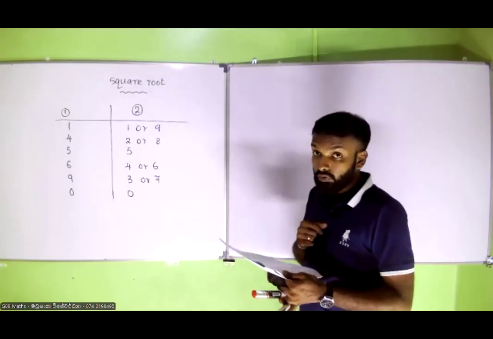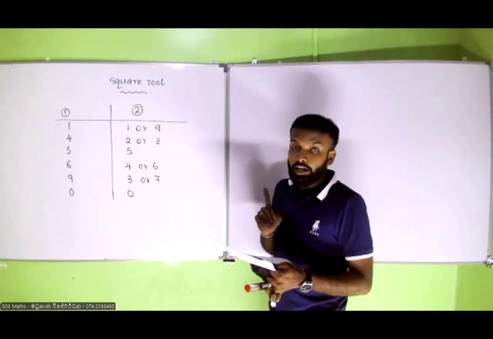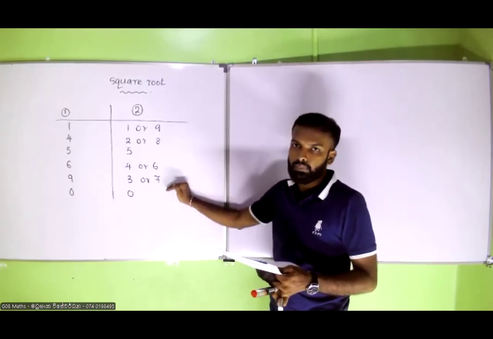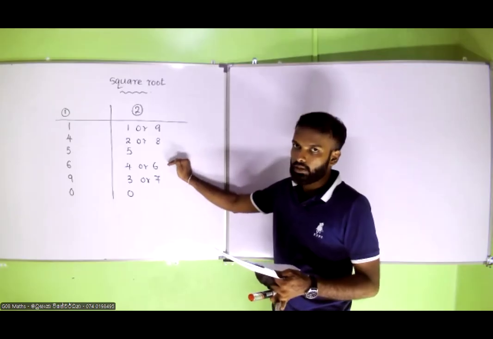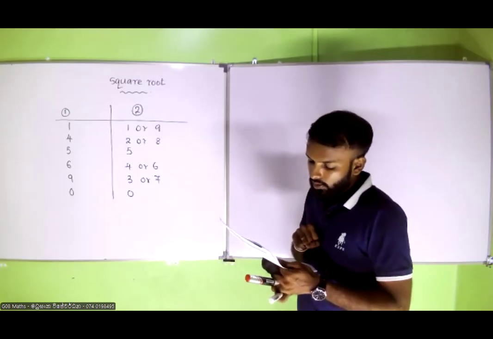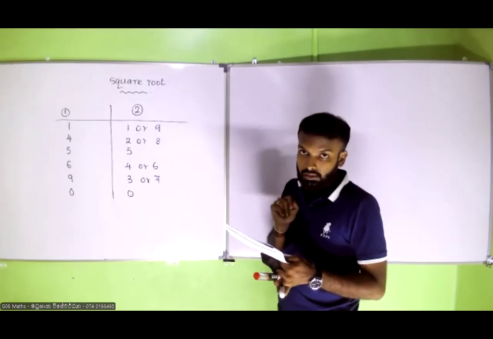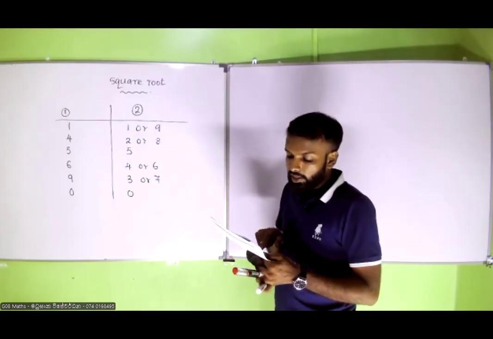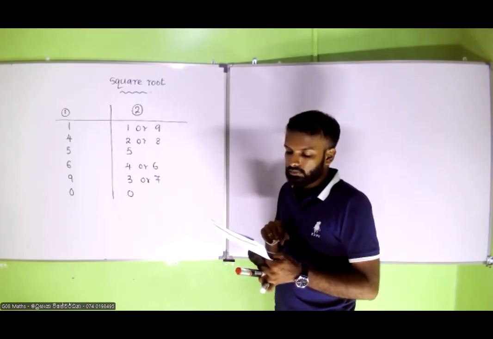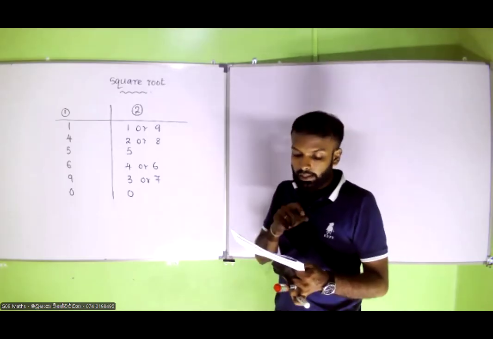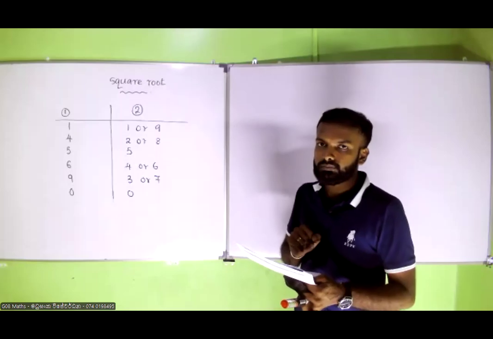So now we are going to find, right, by using the above table, the square roots of numbers between 101 and 1000.